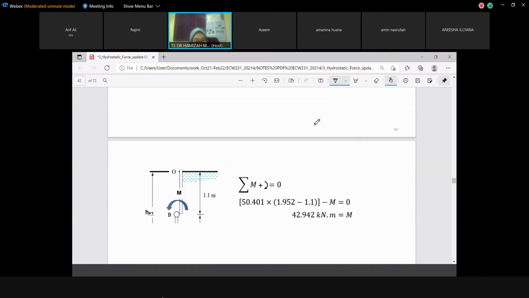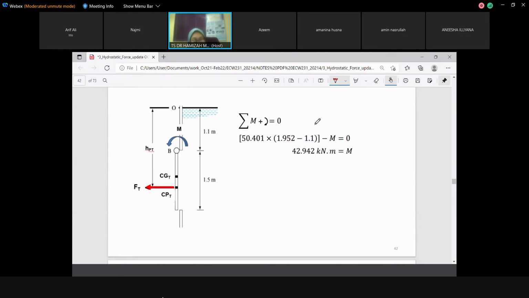Okay, and then we need to calculate the moment. You already learned the moment untuk solid juga kan? So moment, we assumption of moment equals to 0. So moment is force darab dengan perpendicular distance dia. Okay, 1.952 tolak dengan 1.1.